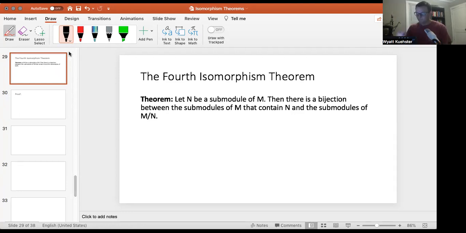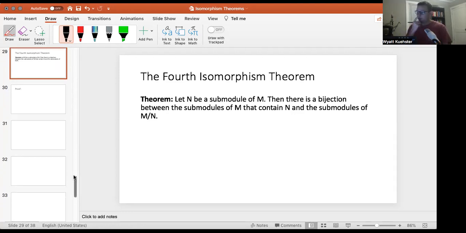So I want to show there's a bijection. So I'm going to name these two sets of things.